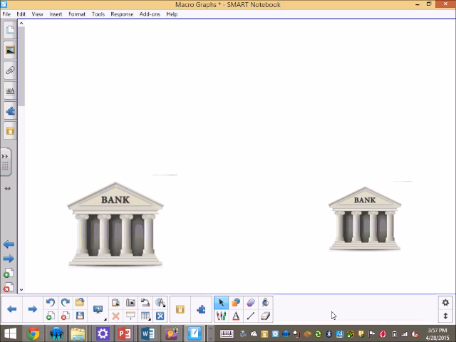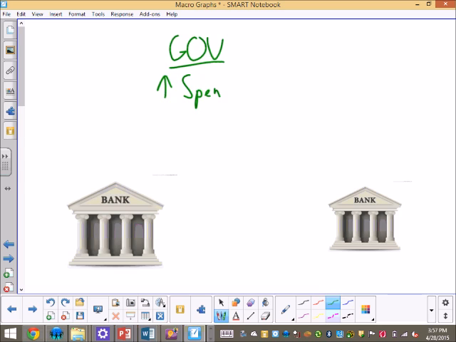The government wants to increase spending. So we have our government, and they want to increase spending, but they want to keep the same price level. Now, they only use fiscal policy.